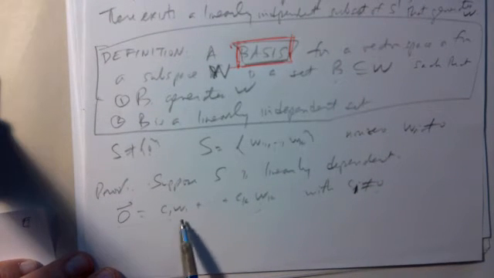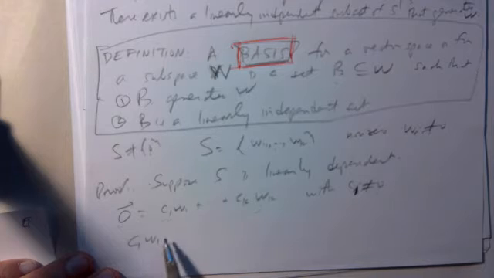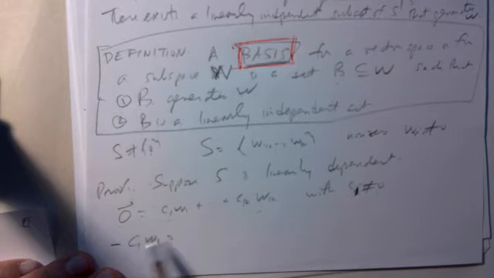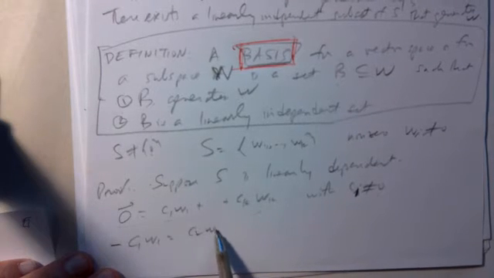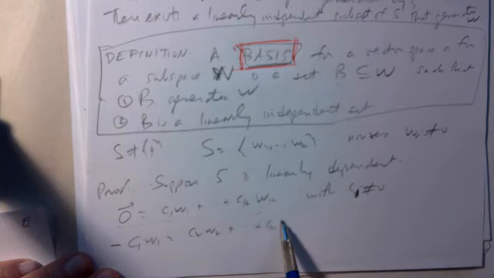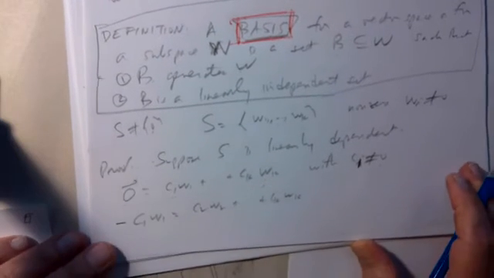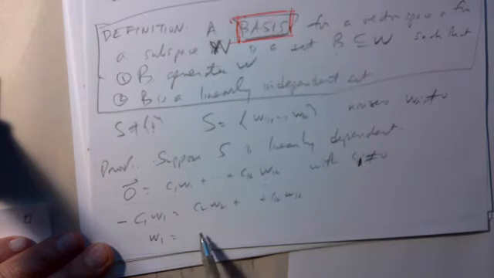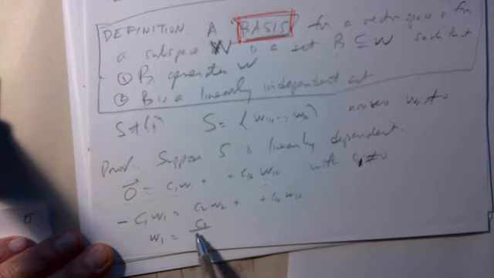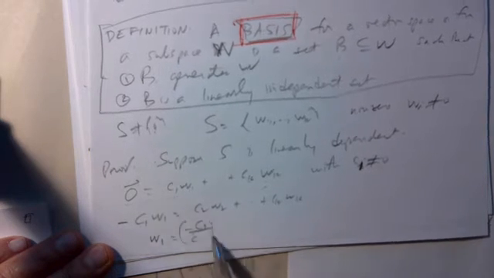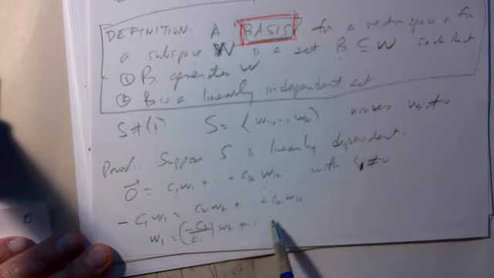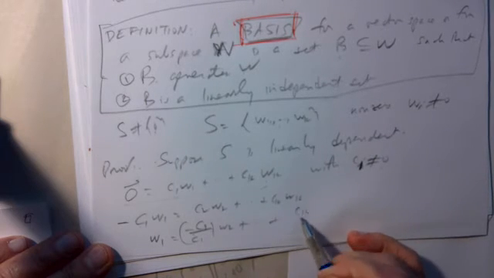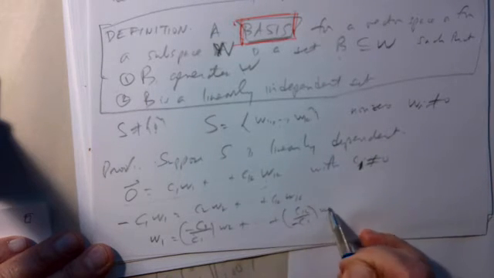Then you can write the following: minus C1W1 is C2W2 up to CKWK. I just brought this to the other side. And because C1 is non-zero, I can divide by it. So W1 is C2 over minus C1 times W2 up to CK over minus C1 times WK.